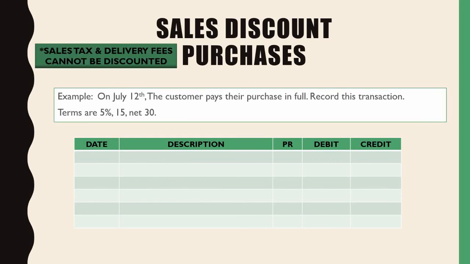Now, on July 12th, right? This customer pays their purchase, okay, in full. So how do we record this? Now we need to also include this discount for the 5% because he met our terms. So how would this transaction look now?